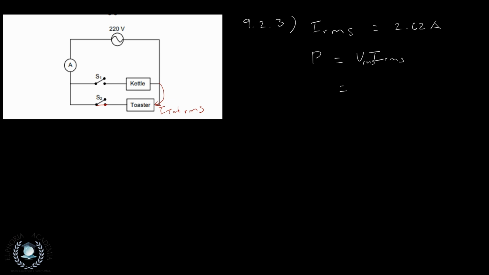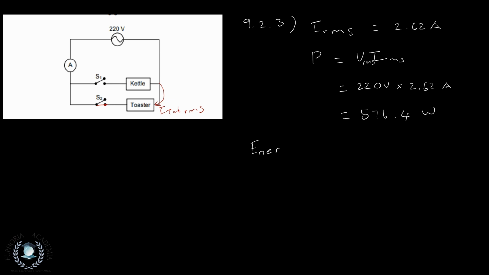We are told that our V_RMS is 220 volts, and that is multiplied by 2.62 amps, and our power in watts will give us a value of 576.4 watts, right? But we're asked to find the energy used in 2 minutes.